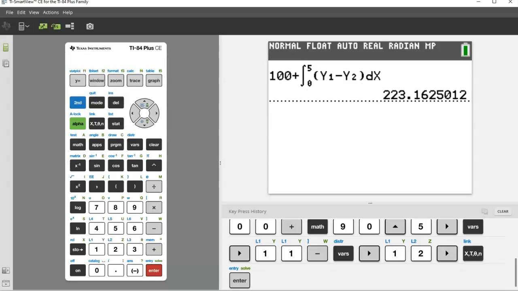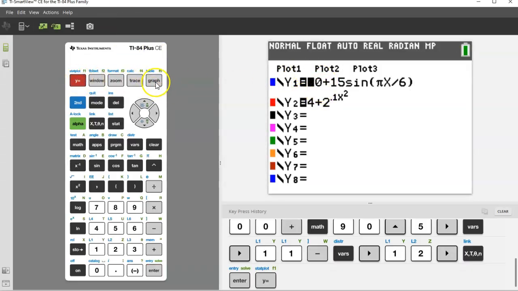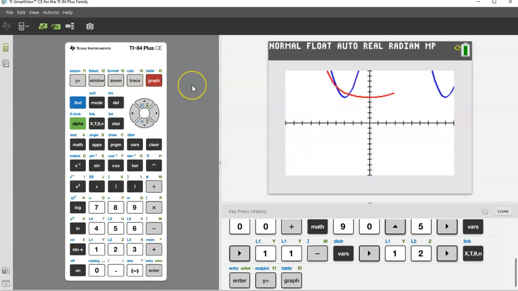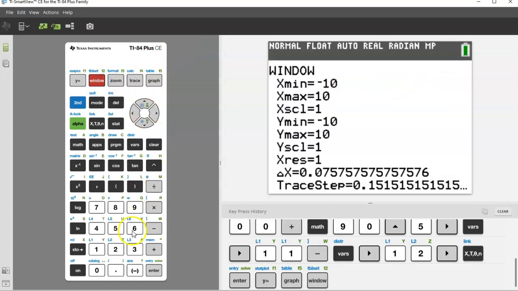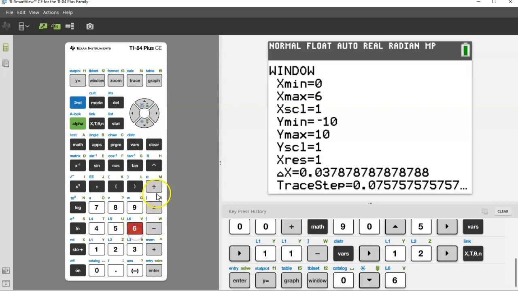We're going to go to our function, and we're going to make sure our functions are still in there. They are. We're going to graph. Probably going to have to adjust our window a little bit here. I know that my t values are only going from 0 to 6. Now, as far as the y values, it looked like they were a little low. We don't need to go below 0. And let's go a little higher.